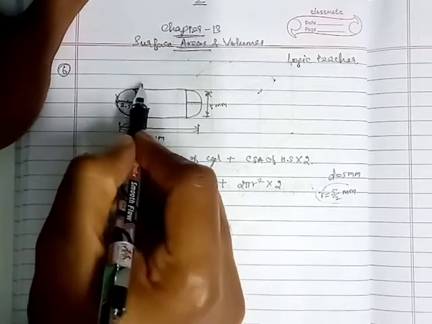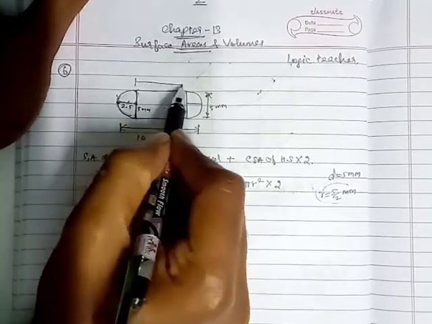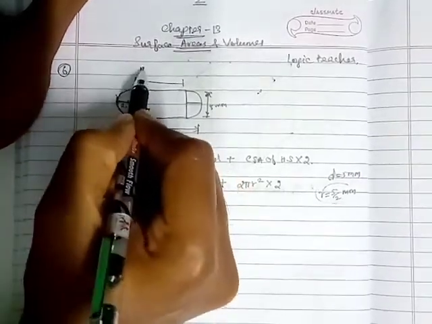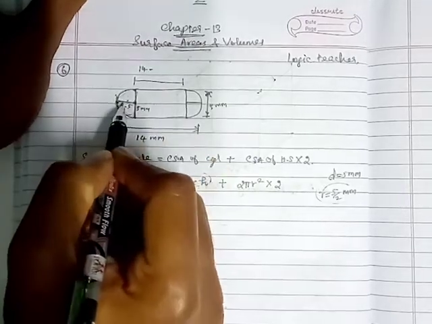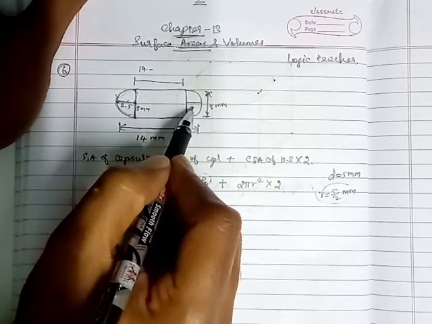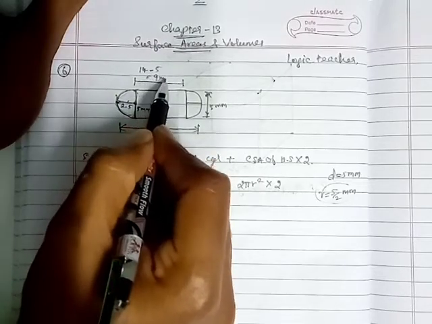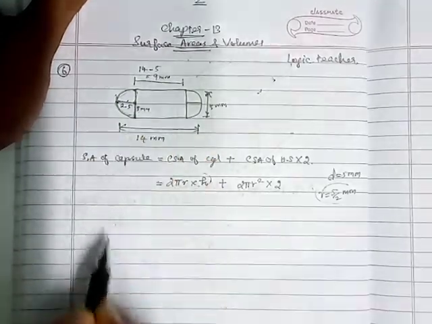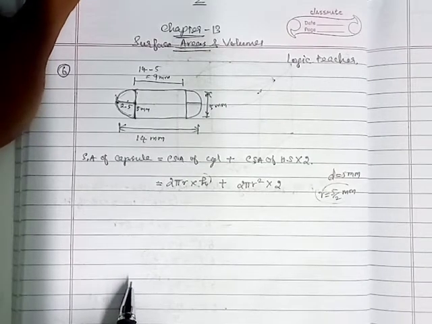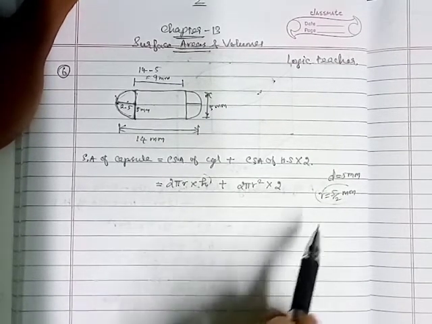So what is the length of the cylinder? 14 minus 2.5 minus 2.5, that is 14 minus 5, equal to 9 millimeter is the height of the cylinder. From the given data we got that value, and radius is 5 by 2.